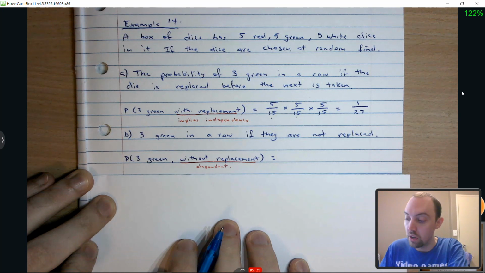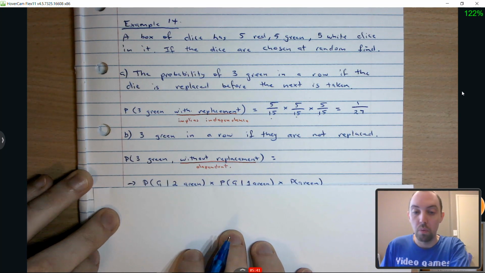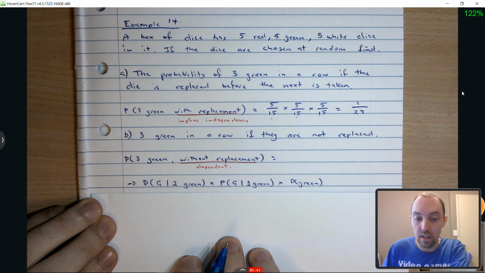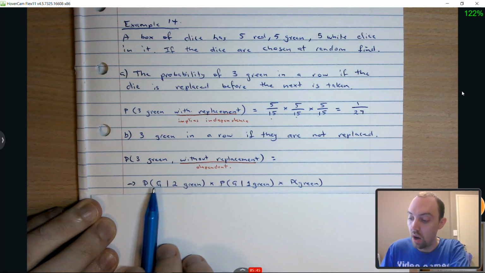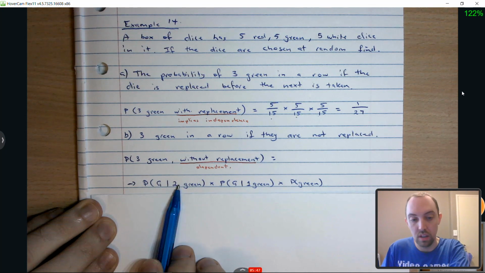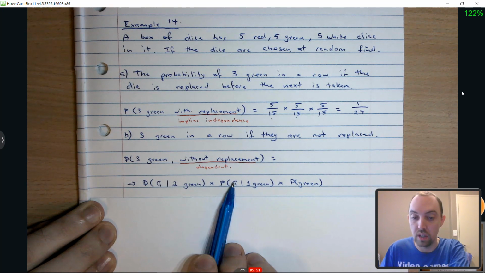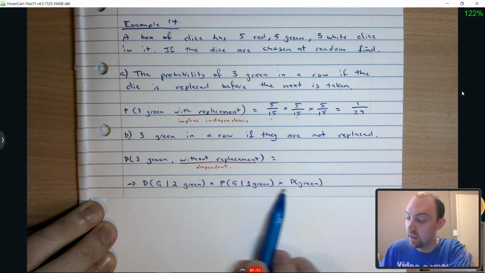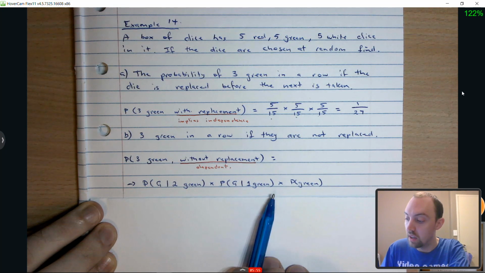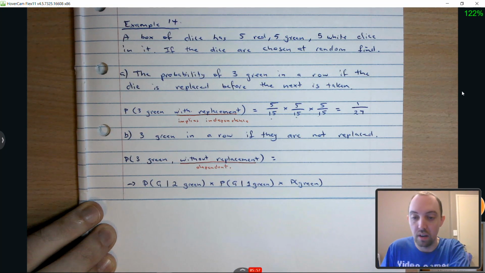So what we are looking at is the probability of a green, given that there's already 2 taken out, times the probability of a green, given that there's 1 taken out, times the probability of green when none have been taken out.